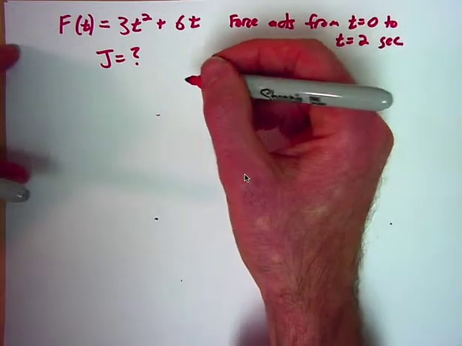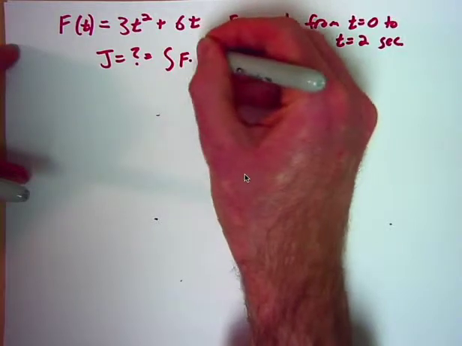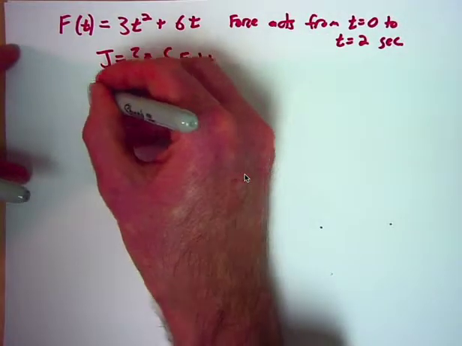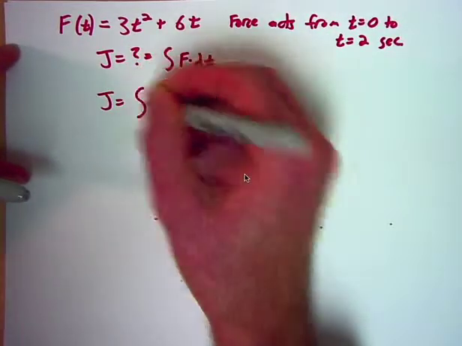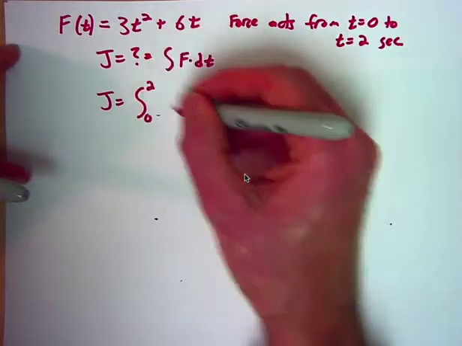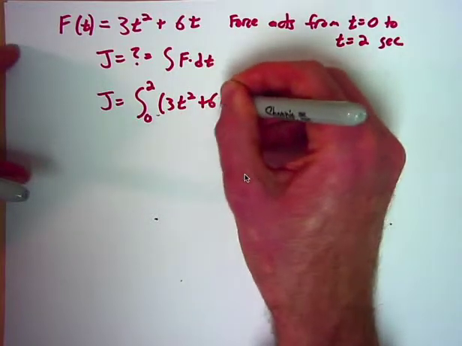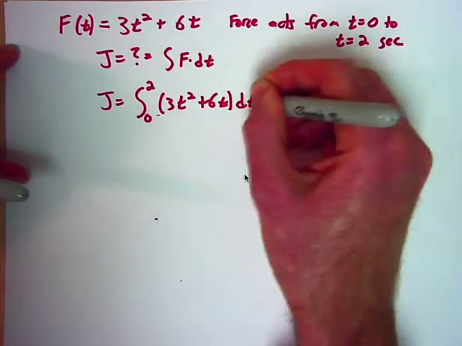All right, pretty easy to do. Impulse is the integral of F dt. So here we go, we're going to integrate. Our limits are going to be 0 to 2, and we're going to take 3t squared plus 6t dt.